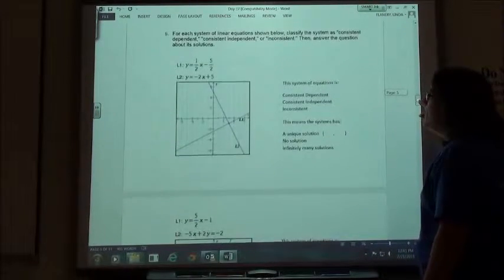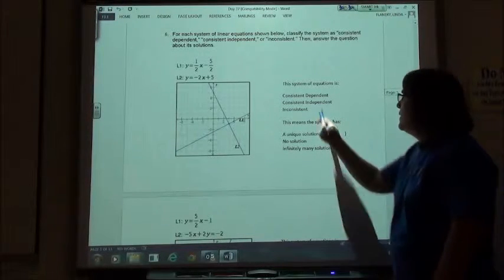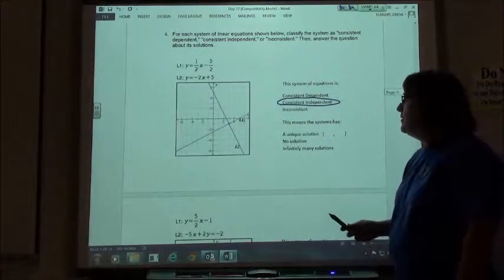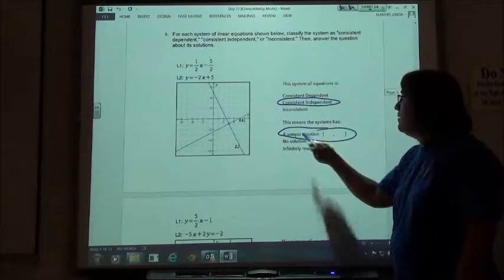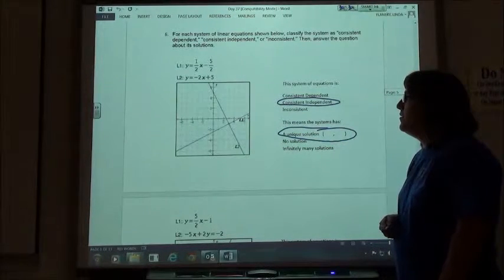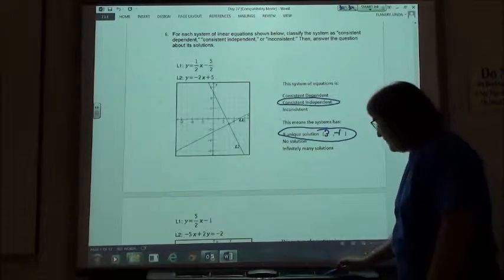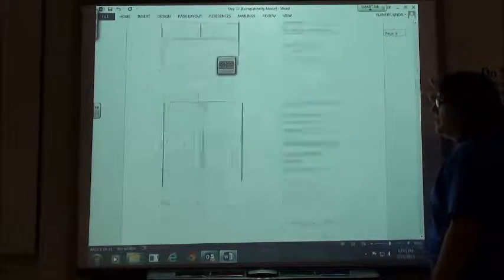Number 6. The first one would be consistent independent, and it would have a unique solution at (3, -1). Darn, it moved on me again.